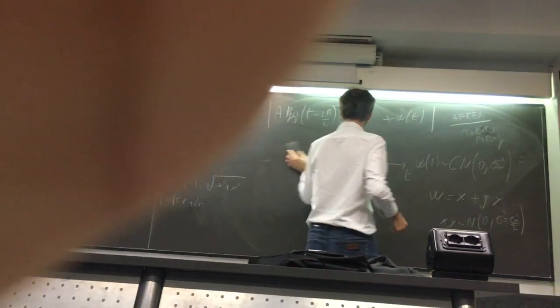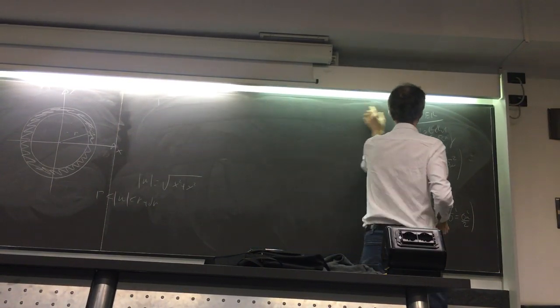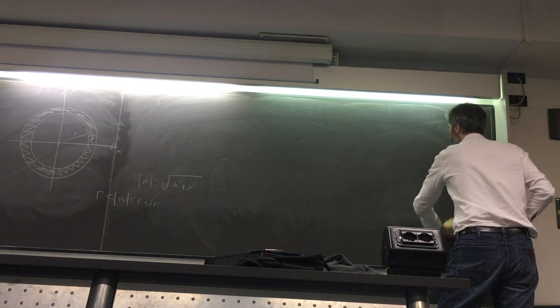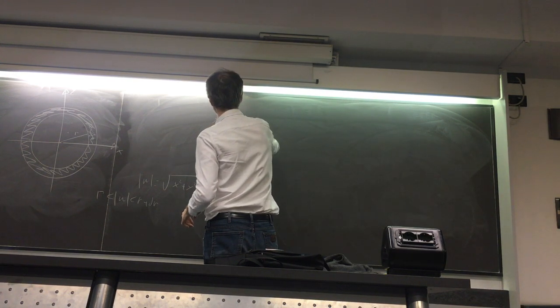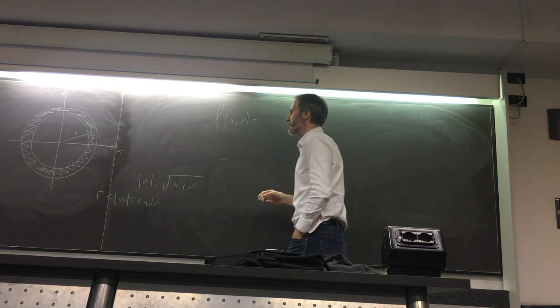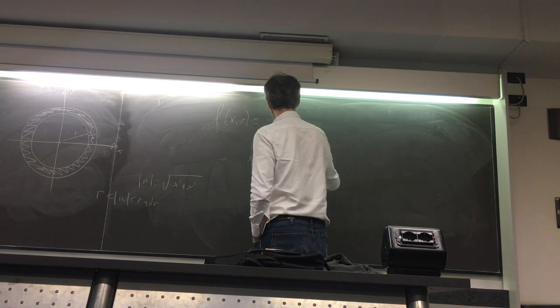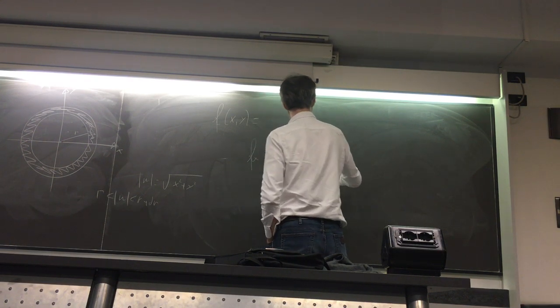The joint probability of x and y, since they are Gaussian: let's say the probability of x is Gaussian, so it has this form.